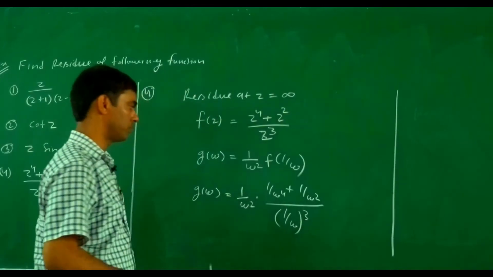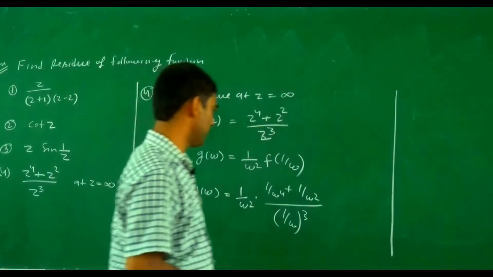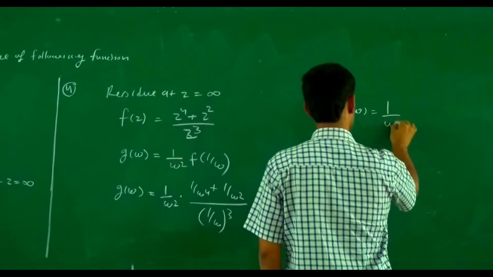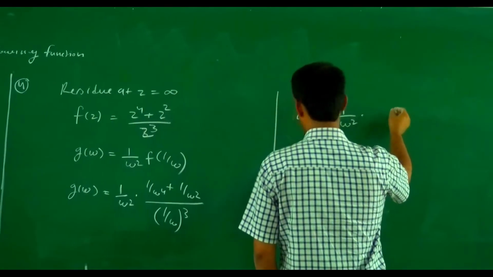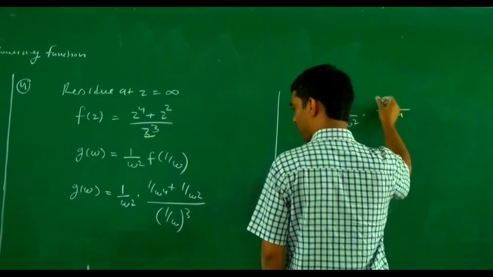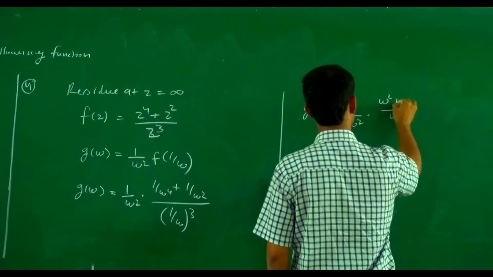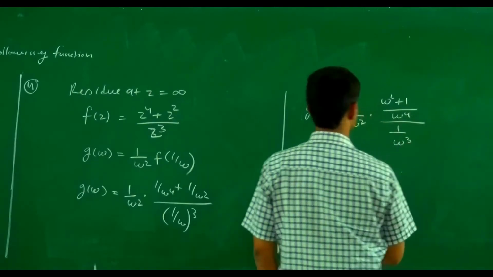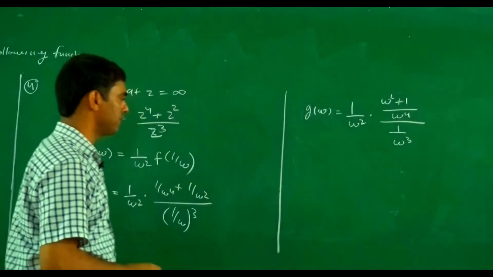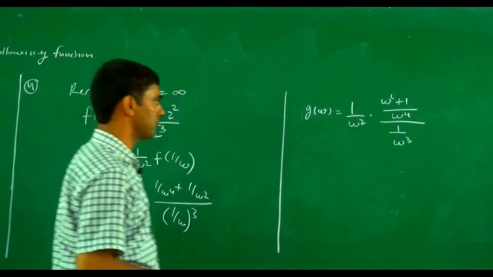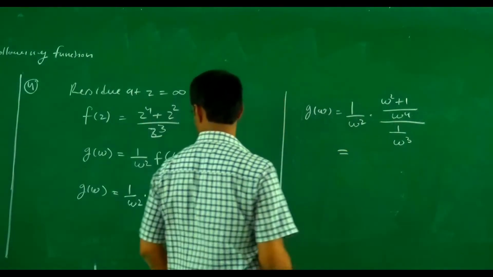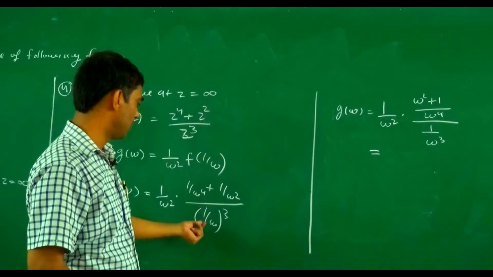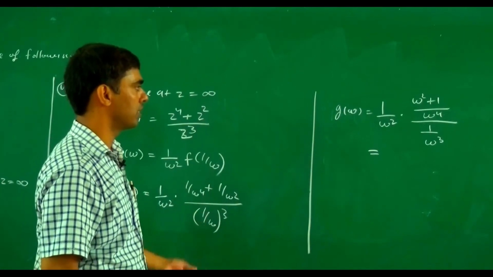If we simplify this, phi(w) equals 1 upon w square into, in the numerator, w square plus 1 over w to the power 4, and in the denominator 1 upon w cube. This becomes w square plus 1 divided by w to the power 4, and 1 upon w cube.